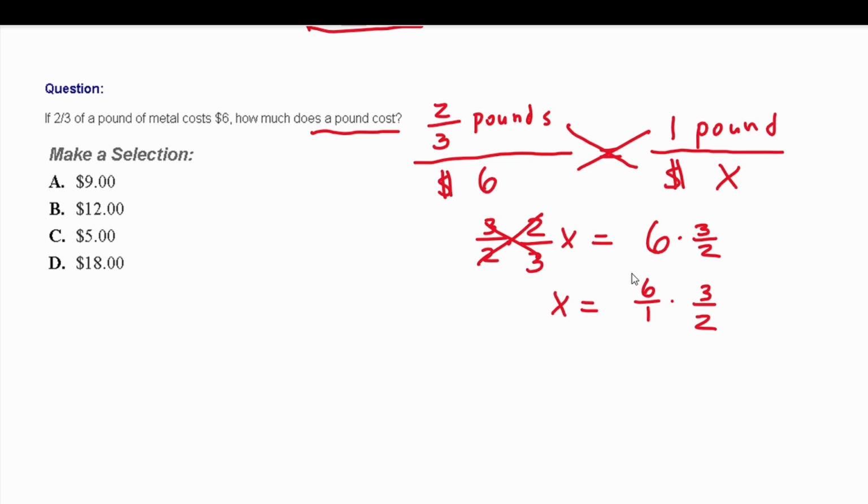And when you multiply two fractions, you just multiply straight across. So this becomes 6 times 3, which is 18, over 1 times 2, which is just 2. 18/2 is 9. So in other words, if 2/3 of a pound costs $6, 1 pound costs $9.